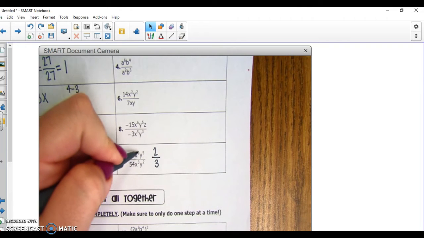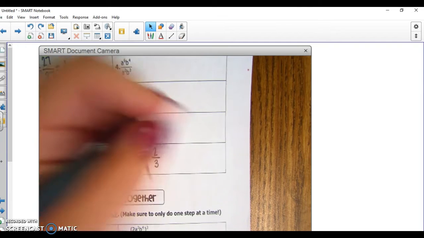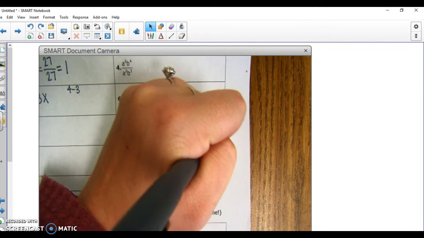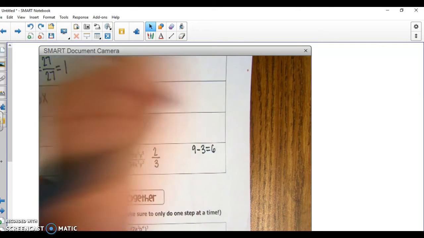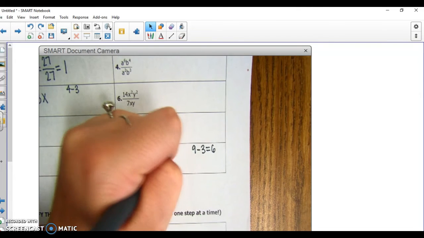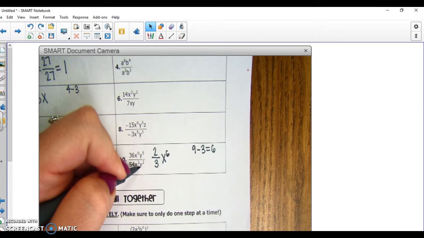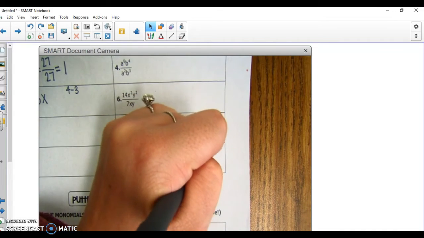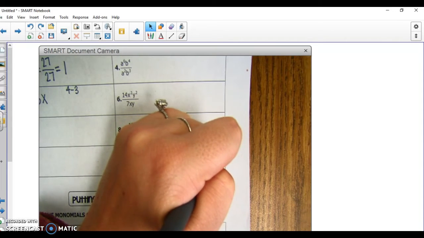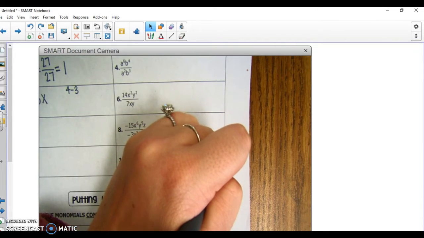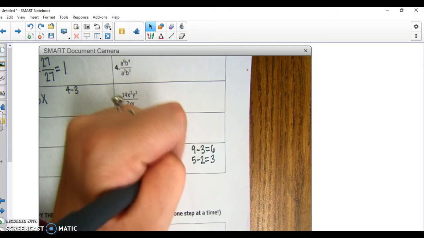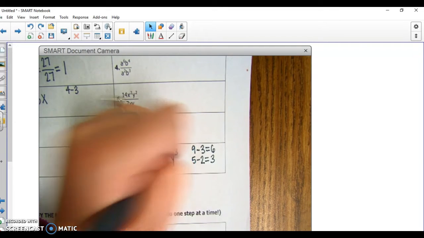So now I have x to the 9th divided by x cubed. So I'm going to do 9 minus 3 equals 6. So I'll be left with an x to the 6th. Then I have y to the 5th power divided by y squared. So I've got 5 minus 2, which is going to equal 3. So then I would just be left with y to the 3rd power.